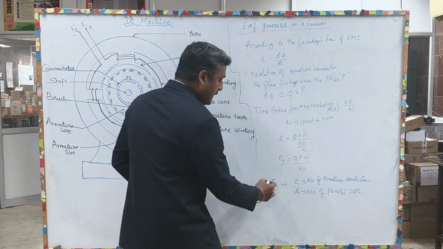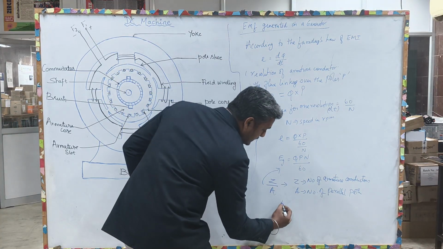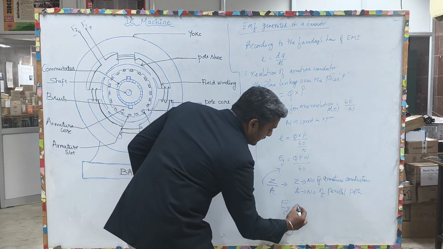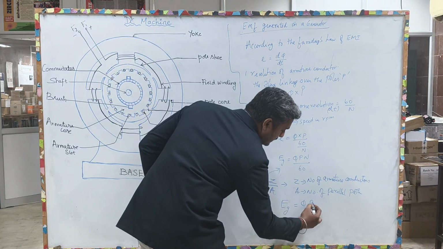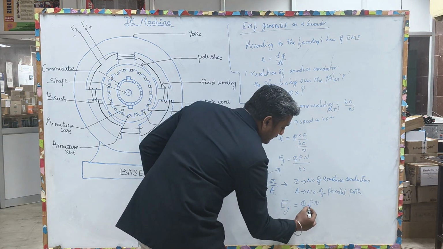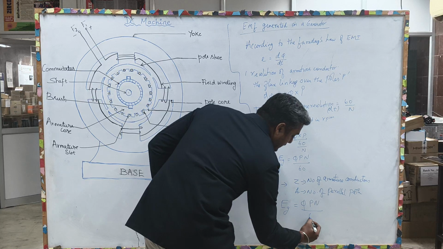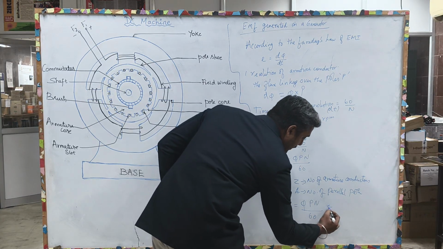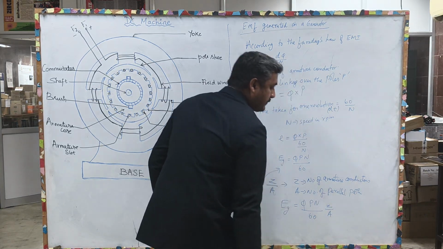If you multiply this with the Eg, the final generated EMF for the entire system is phi P N divided by 60 into Z by A.